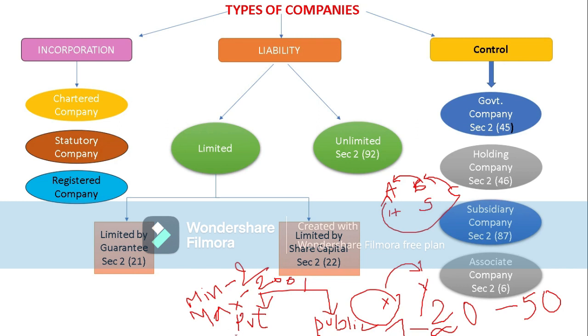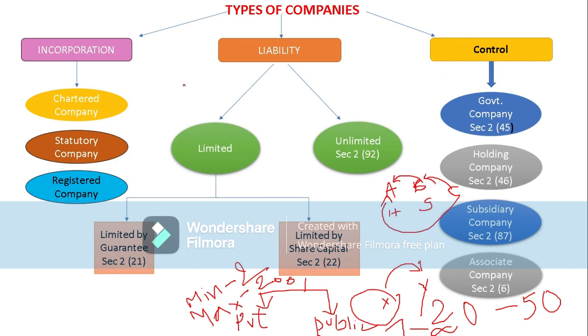In a private company we cannot go for public subscription, and we do not have the right to transfer the shares freely. So this is about limited by share capital, where we study private limited company and public limited company. So this is about the differences, the types of companies.